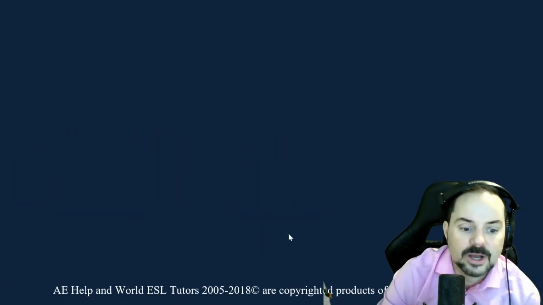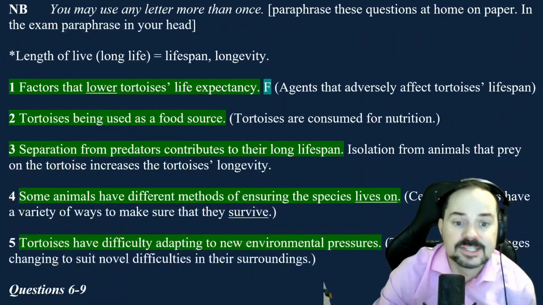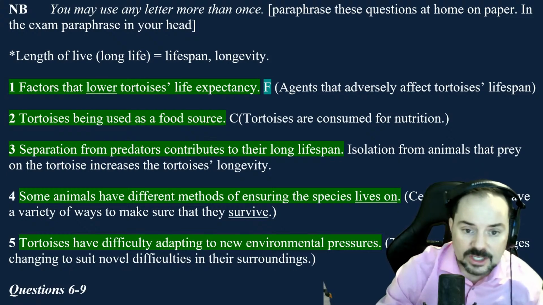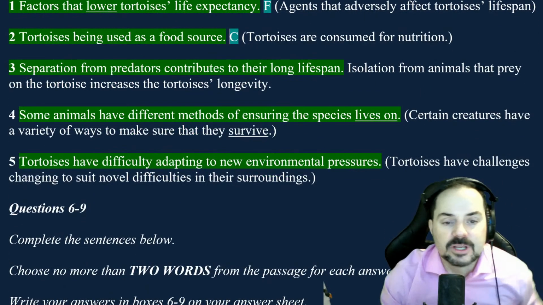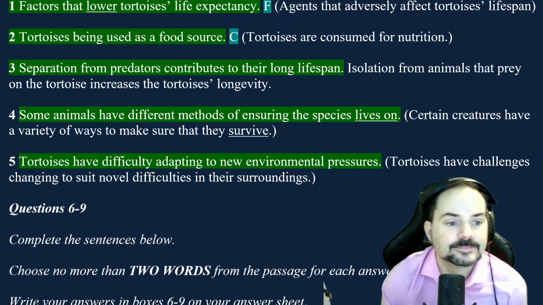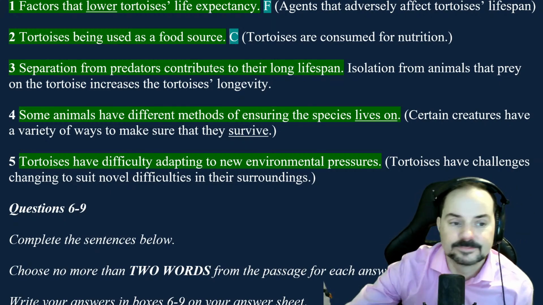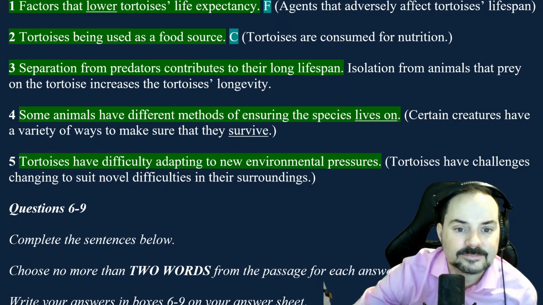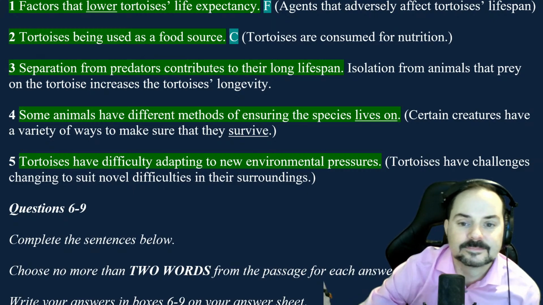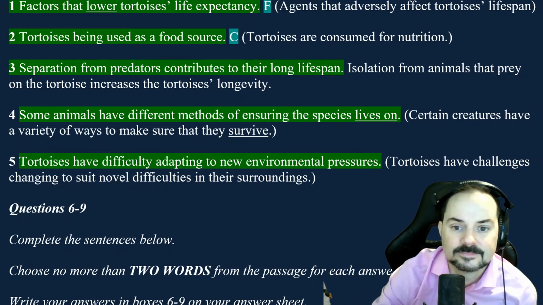The tortoise. Okay, so that was C, but you were in the right range, okay? All right, Zoraida, keep going. Number 3. Question number 3. Separation from predators contributes to their long lifespan.